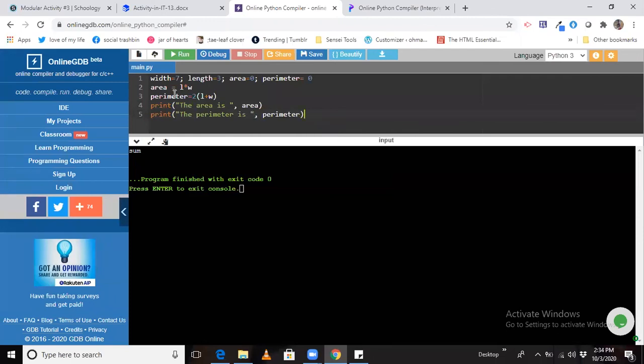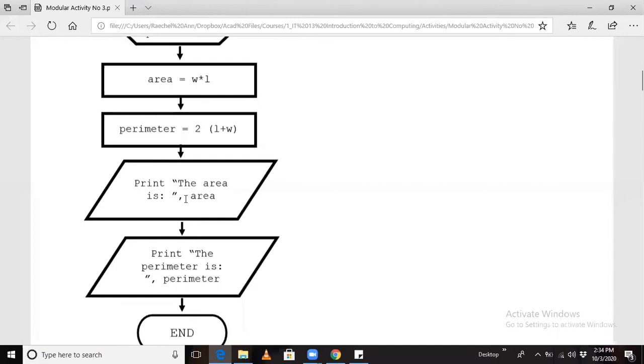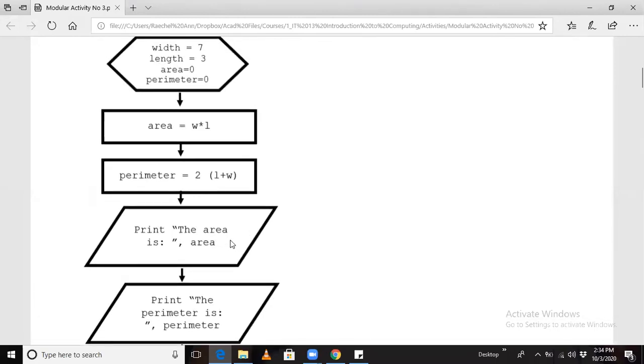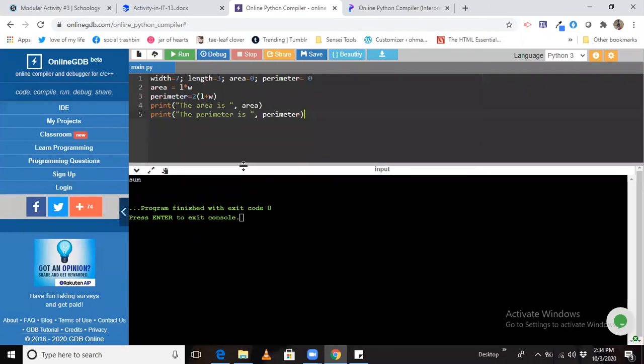Okay, so 1, 2, 3, 4, 5. Area width times length, perimeter 2 times sum of length and width, the area is, and the perimeter is. Okay ba? Na-convert ba natin? Width is 7, length is 3. This is our program.